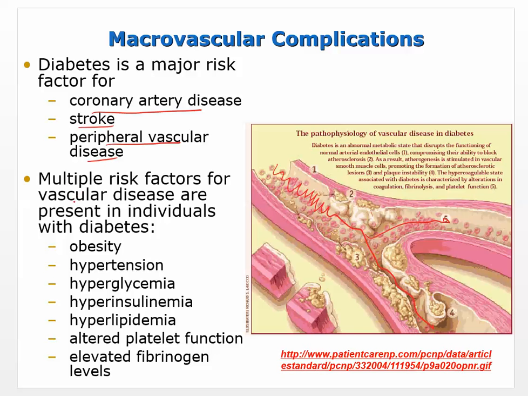Multiple risk factors for vascular disease are present in individuals with diabetes. So that includes, and of course we come back to obesity, high blood pressure, high blood sugars, increased insulin, hyperlipidemia, so increased fats, altered platelet function, which can lead to more of the atherosclerosis, elevated fibrinogen levels, which can lead to clots as well.